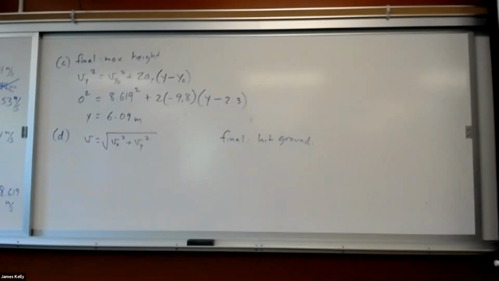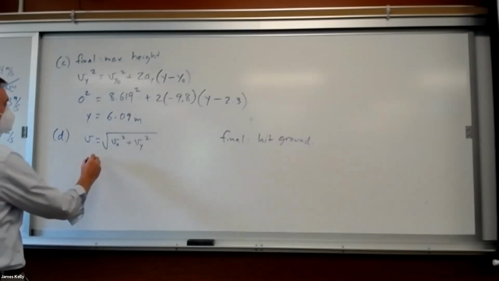I haven't really calculated the initial, but I've all but done it over here. It's just V0 cosine 38. That number, when you crank it out, is 11.03. Plug in the V0 we found. 11.03 meters per second.